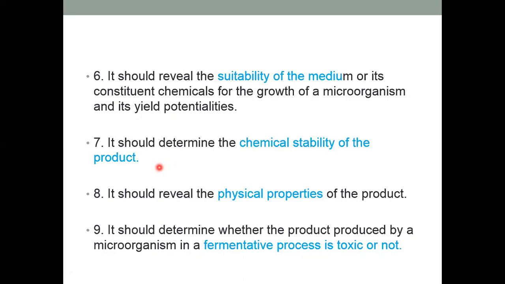Now, it should reveal the physical properties of the product. But why physical properties? Meaning what's the chemical structure? What is the boiling point? What is the melting point? What are all those physical properties that we used to study about any kind of chemicals? That needs to be determined, and all of that will be determined in the secondary screening process.